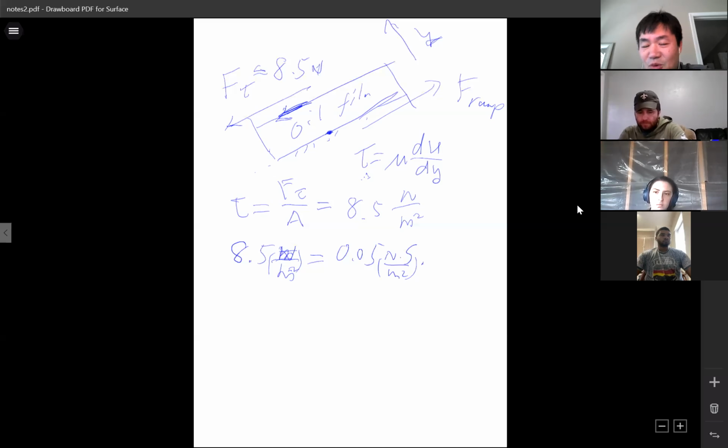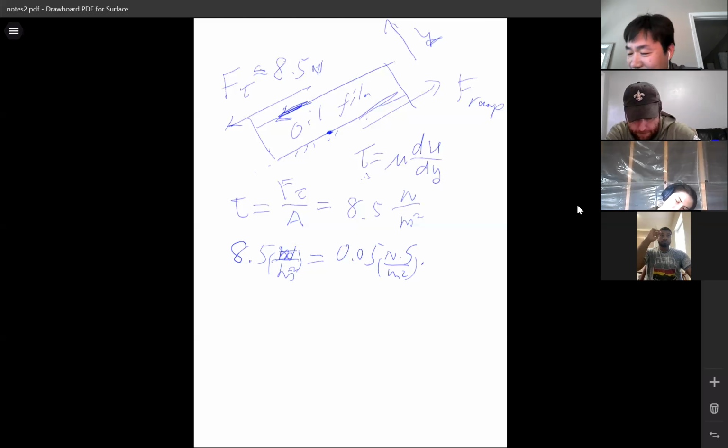Okay. So what's in between? It's a gradual change, right? Those are the 2 limits, the maximum and minimum. So in between must be less than 2 centimeters per second and greater than 0 centimeters per second, right?